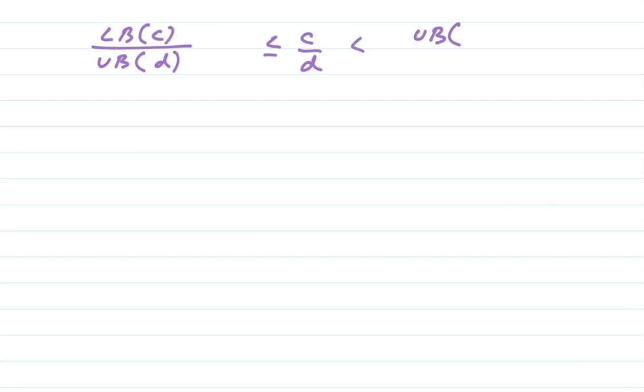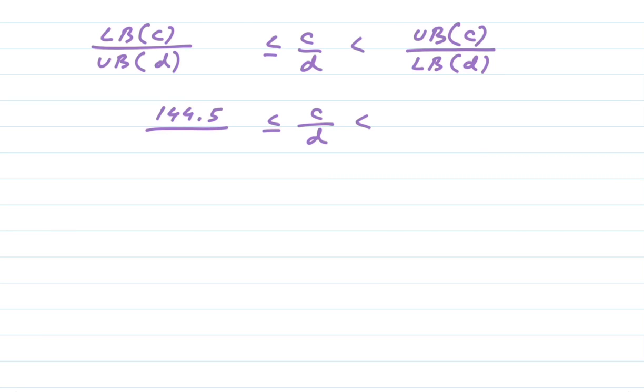Let's check out the last part, where we need to find the lower and upper bound of C divided by D. The lower bound of C divided by D will be the lower bound of C divided by the upper bound of D, and for the upper bound of C divided by D, it's going to be the upper bound of C divided by the lower bound of D. The lower bound of C is 144.5, and the upper bound of D is 0.345.